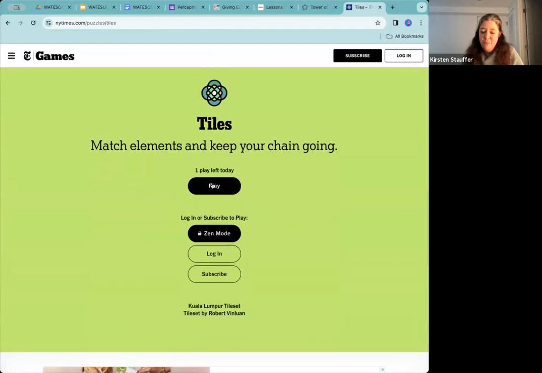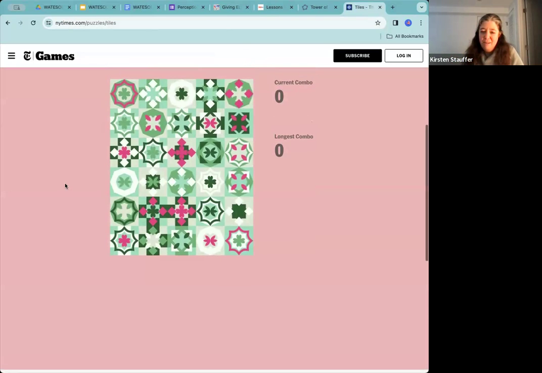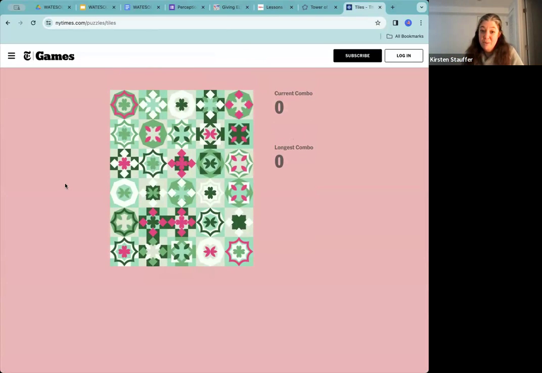But this would be another one that could be kind of fun for students to work on as well, because then they have to describe shapes and colors. So the idea is you try to match similar types of items to remove pieces. For example, if we start with this one in the lower right-hand corner, if you look around the board, there's another one that we could go in many directions.